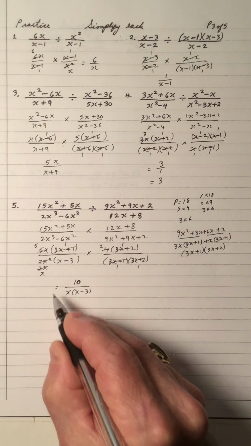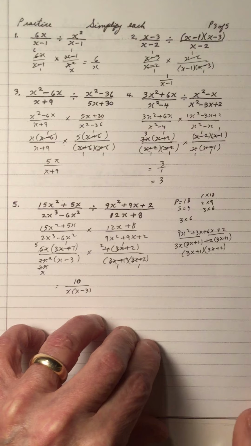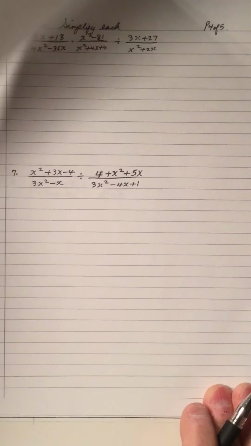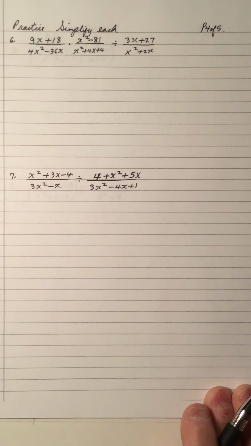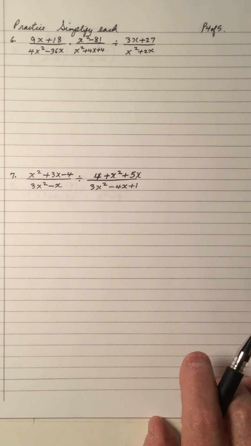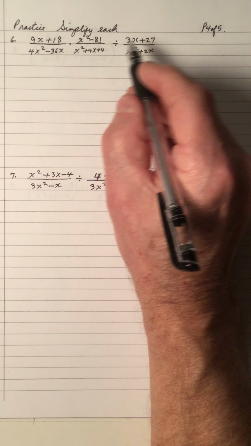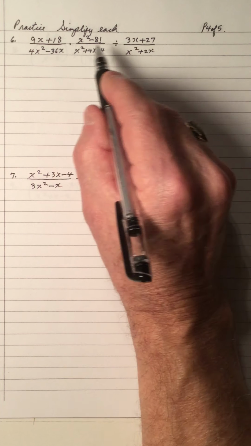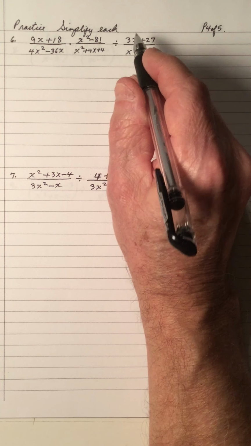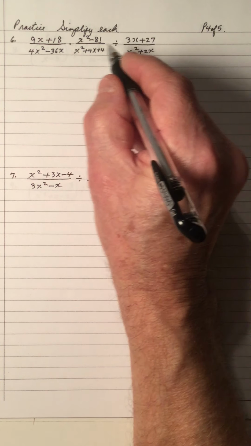And let's continue. Again, practice, practice, practice. Here we go. Number 6, simplify each. Notice this time I have a multiplication and a division. So we have a division, so I'll multiply by the reciprocal.